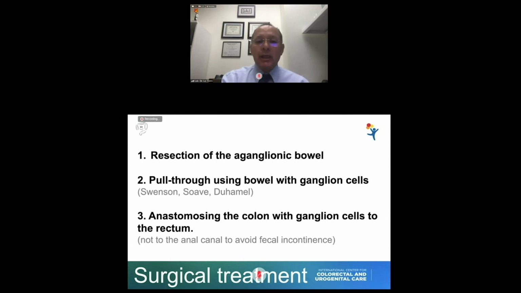If that happens, the anal canal suffers damage, and we are missing this area. And this area is very important to preserve fecal control. In other words, if the anastomosis is performed very low, close to the anal canal or over the anal canal, most of these patients or all of these patients are going to suffer fecal incontinence. So we are really worried about this situation because it's not uncommon.